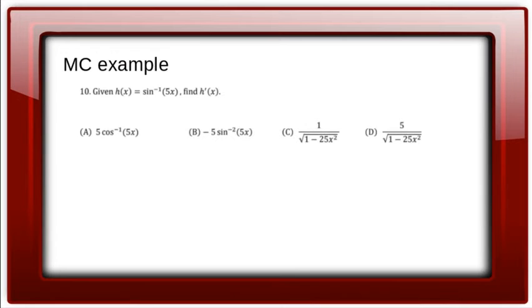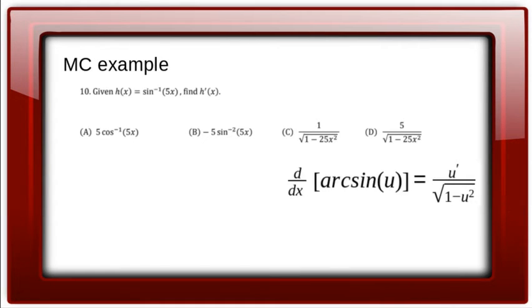So we're given that h of x equals inverse sine of 5x, and we need to find h prime of x. So how do we go about doing this? Well, inverse sine of 5x is going to just be arcsine of 5x. So this is the general formula for the derivative of arcsine.